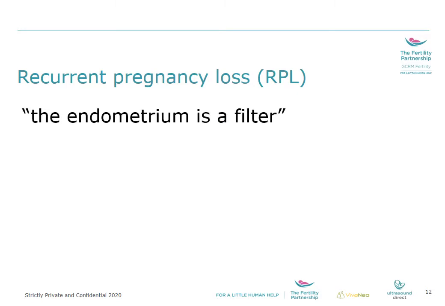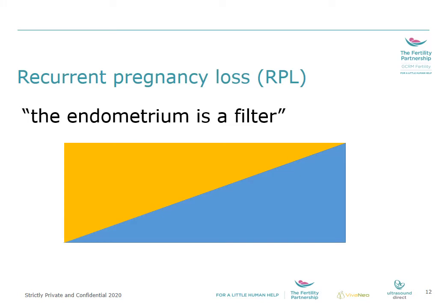And there is this concept of the endometrium being a filter. And it's this battle between the receptivity of the endometrium and the selectivity of the endometrium. So here we have highly receptive endometrium, but it's not very selective. So the endometrium will accept any abnormal embryo, the embryo will implant, but it will then go on to miscarry.